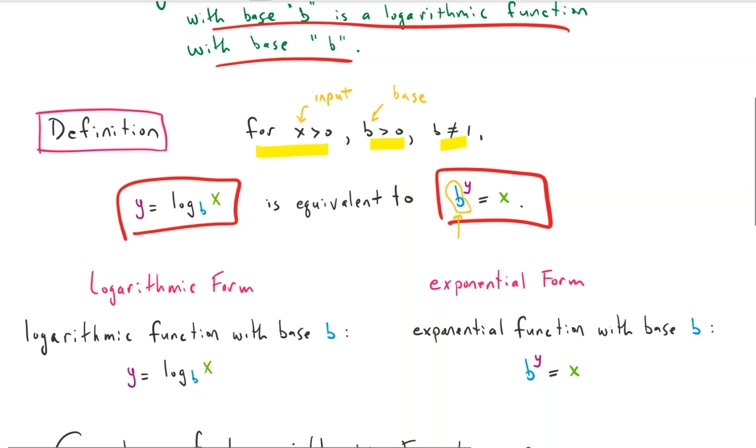The blue b, that's a base, and the purple y is an exponent. So on the left here, in the red box, you'd see b to the y equals x. That is an exponential function. Its inverse function is a logarithmic function with the same base b, and the x and the y are switched.